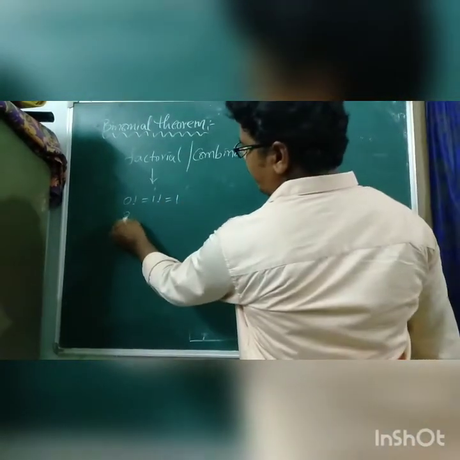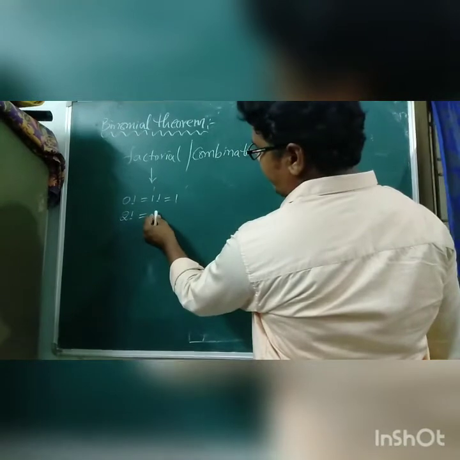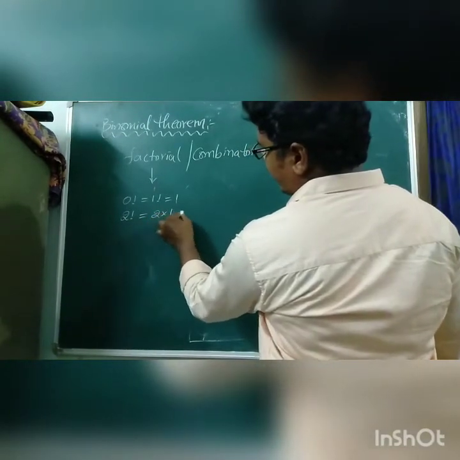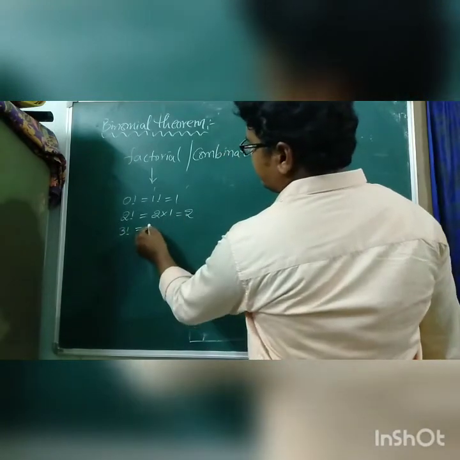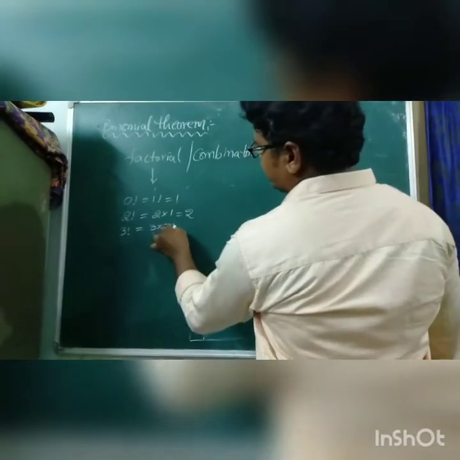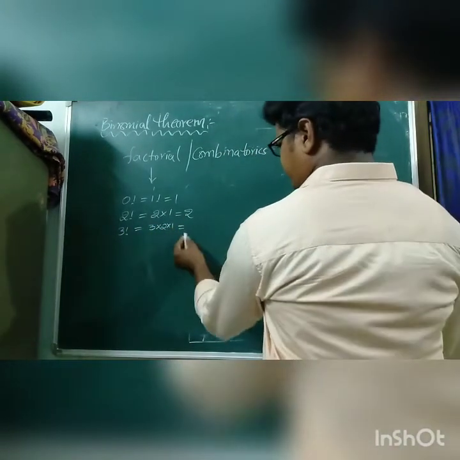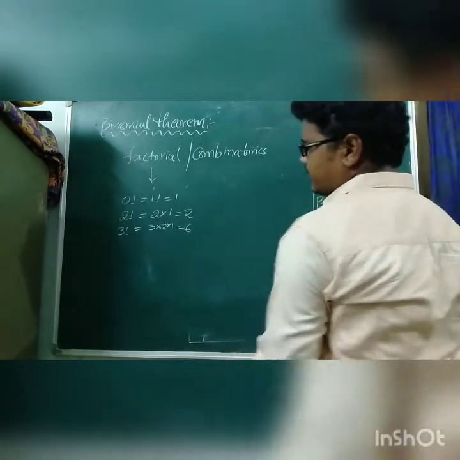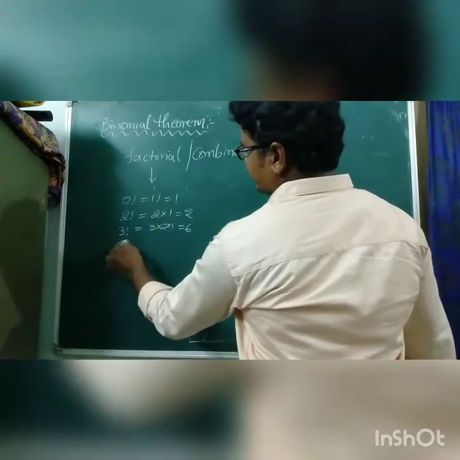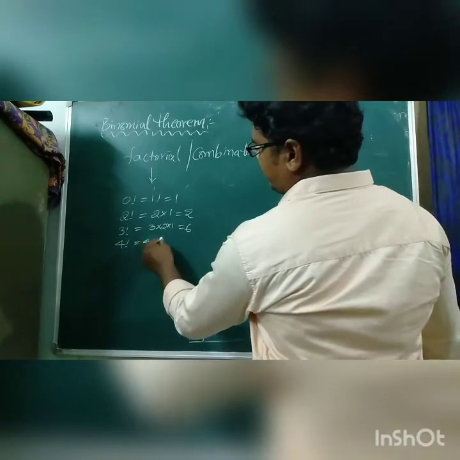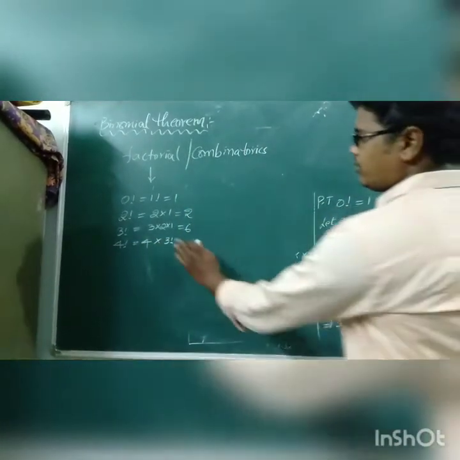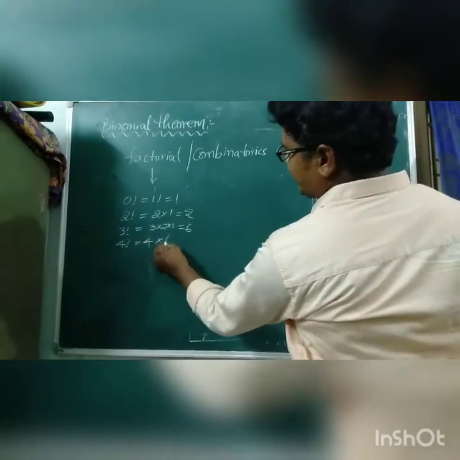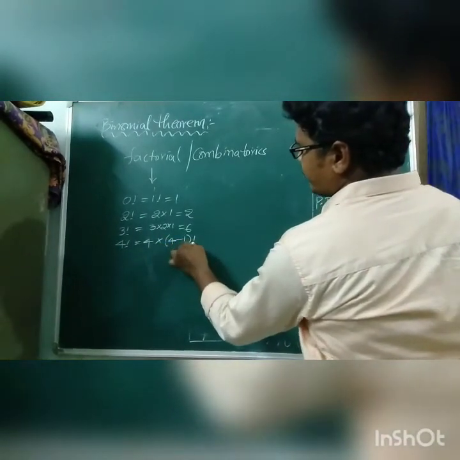Okay, what about 2 factorial? The value of 2 factorial is equal to 2 into 1, which is equal to 2, and 3 factorial is equal to 3 into 2 into 1, which is equal to 6. And next, 4 factorial. I am writing it simply as 4 into 3 factorial, by the formula n factorial is equal to n into (n minus 1) whole factorial.